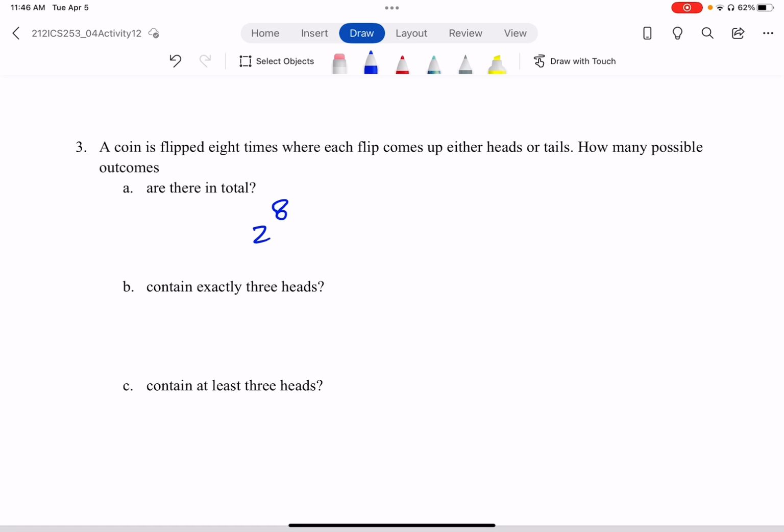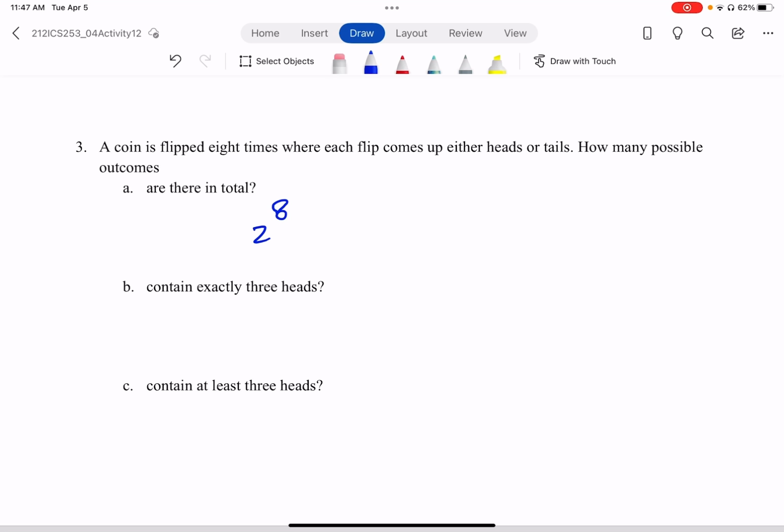2 to the power of 5. Do you agree? 8 choose 3. Why 2 to the power of 5? Let's look at his answer, 2 to the power of 5.